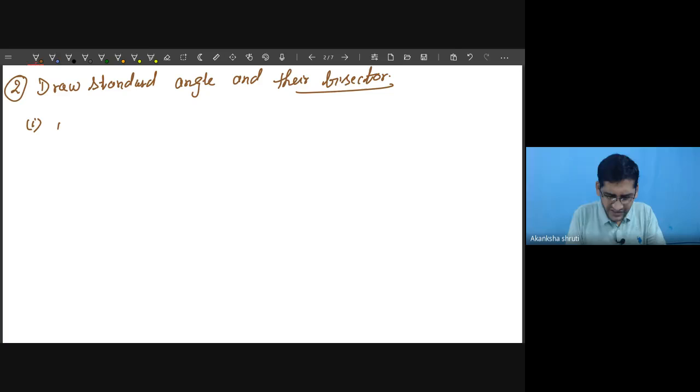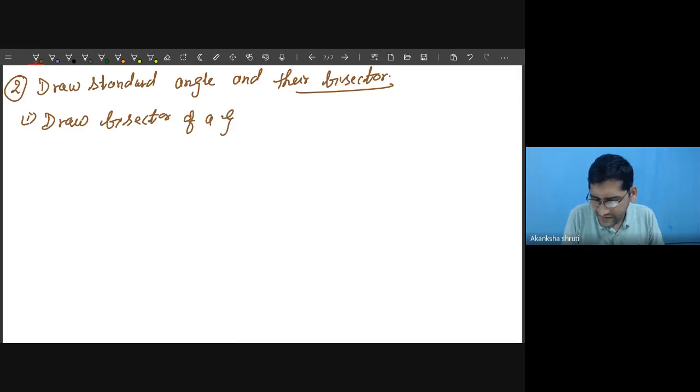Draw a standard angle 60 degree, or let us first do the bisector. That will help in drawing the other standard angle. So first we will draw the bisector of a given angle.